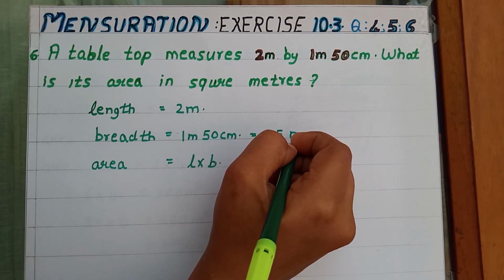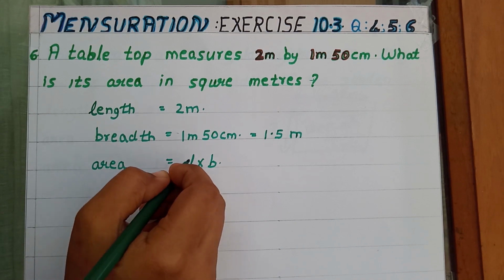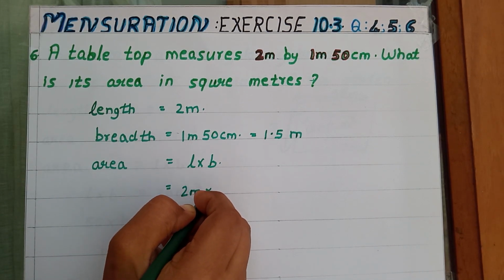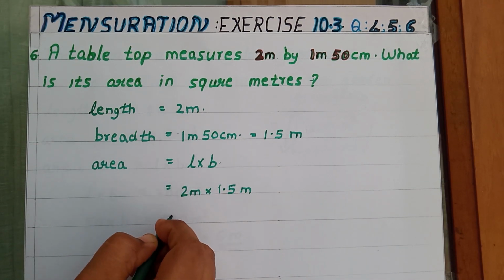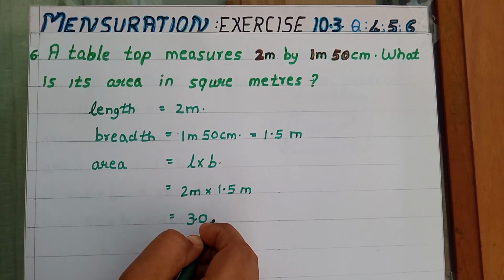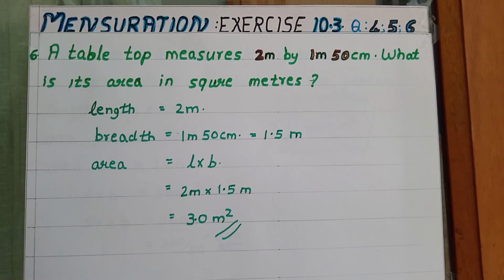So 1.5 meter. Okay, then area equal to, by substituting length, 2 meter into 1.5 meter, that is equal to, area will be written as in the unit meter square.